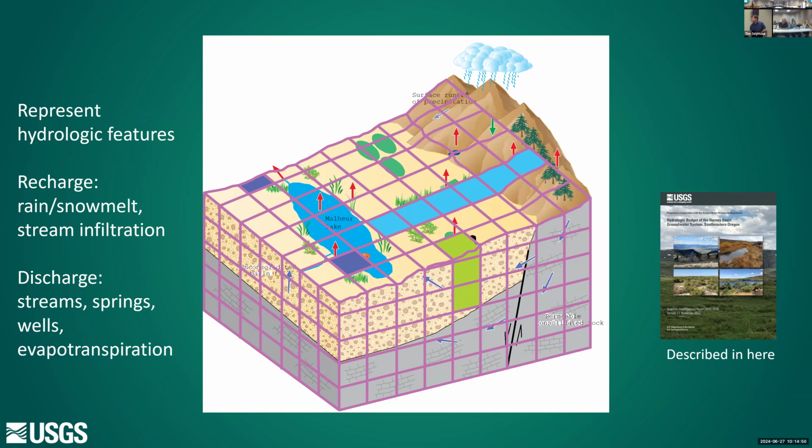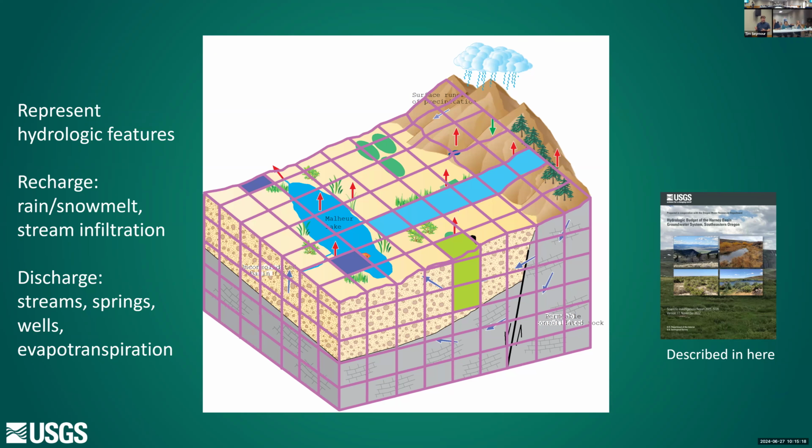So this, like this green area here represents a well. So those three cells would also have water leaving to account for the pumping that might be happening in that particular box or set of boxes. And we might have these blue squares over here represent a spring where water can leave that particular box and leave the model.